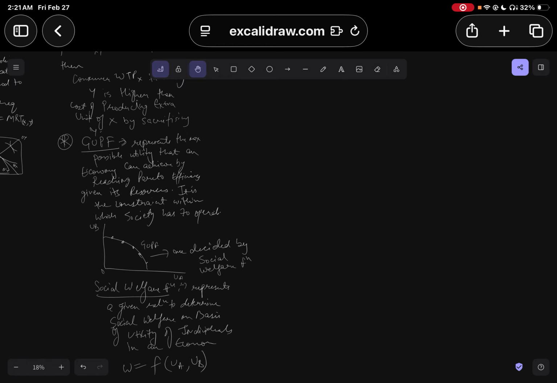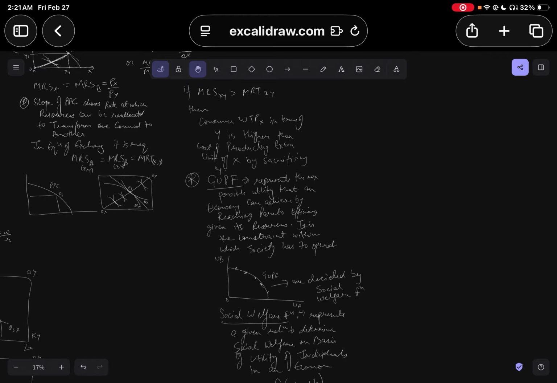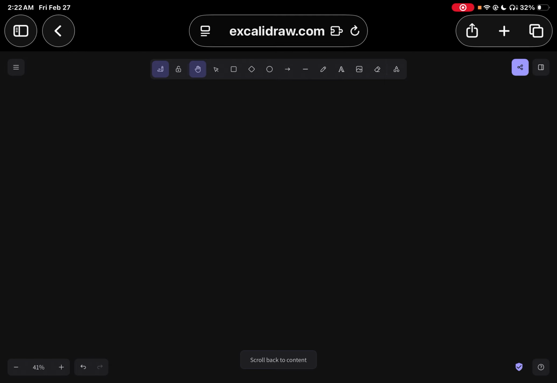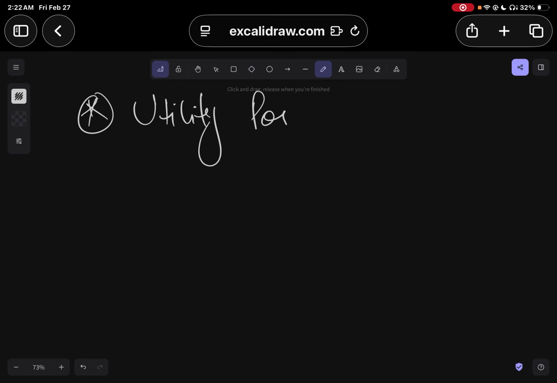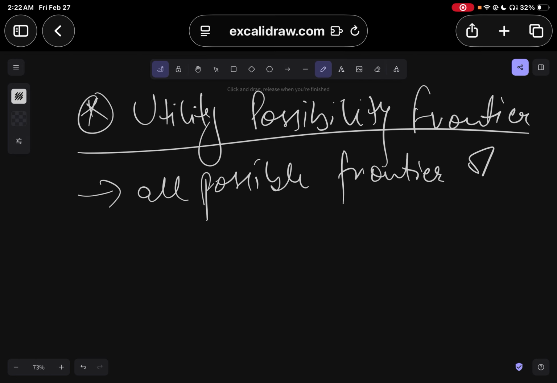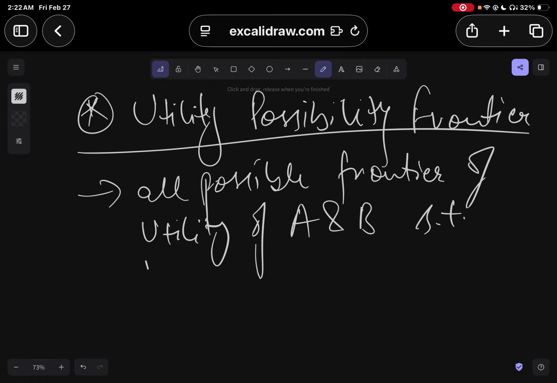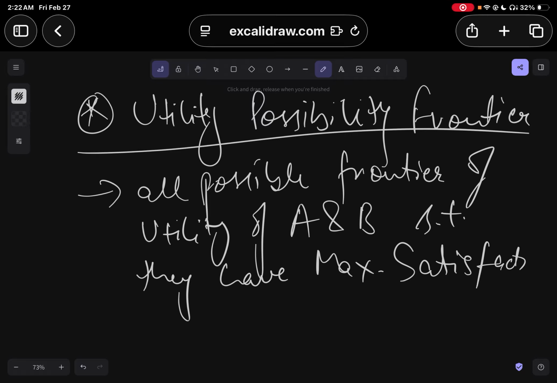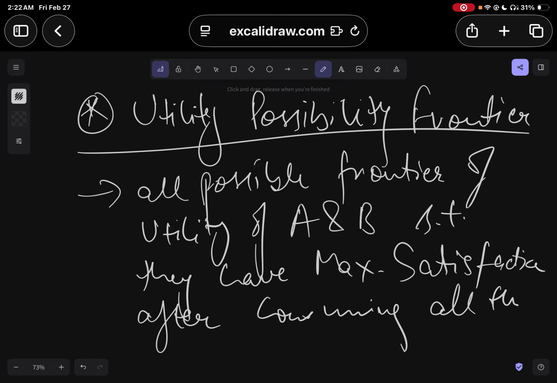It is basically all possible frontier of utility of A and B such that they have maximum satisfaction after consuming all the commodities.